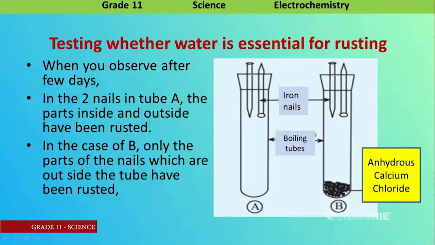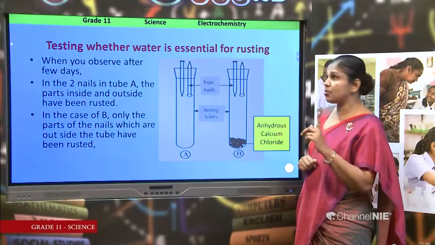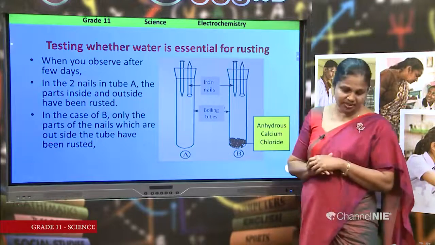By this, what we can confirm, children? Here, the parts of the iron nails inside have not rusted because there is no moisture in this tube. This confirms moisture, water, is essential for rusting.